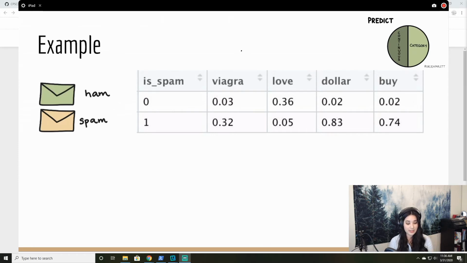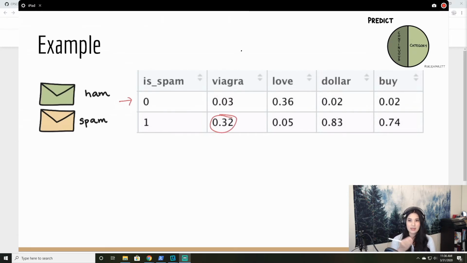And this table is representing from our data set the probability of seeing these four words, Viagra, love, dollar, and buy, in an email. Now the top row over here is representing emails that are ham, so they're real emails. And so you can see, for instance, hopefully this makes a little sense, the probability of seeing the word Viagra in a ham email is only 3%, whereas the probability of seeing Viagra in a spam email is 32%.